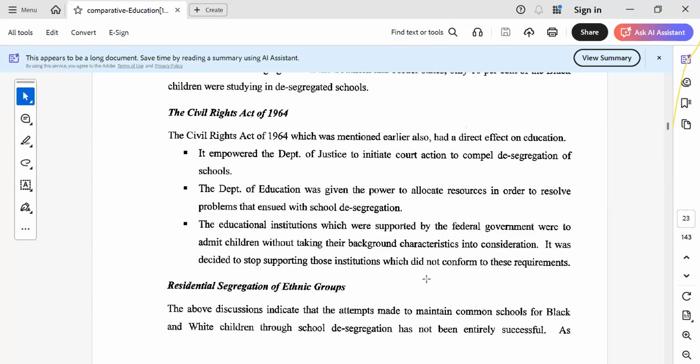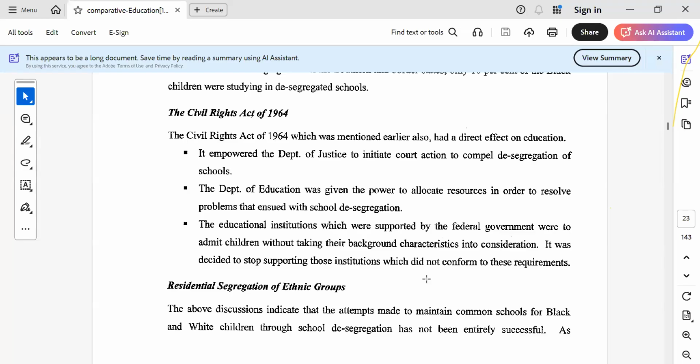Then they enforced the Civil Rights Act in 1964. It empowered the Department of Justice to initiate court action to compel desegregation of schools. So there's no segregation now, they have to be united. The Department of Education was given the power to allocate resources in order to resolve problems that ensued with school desegregation.